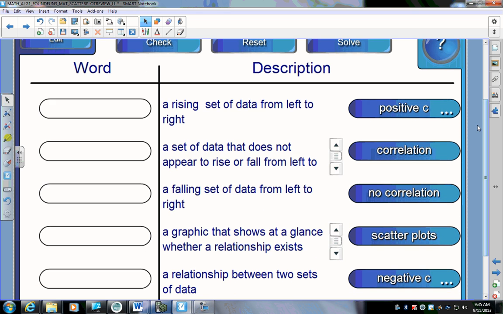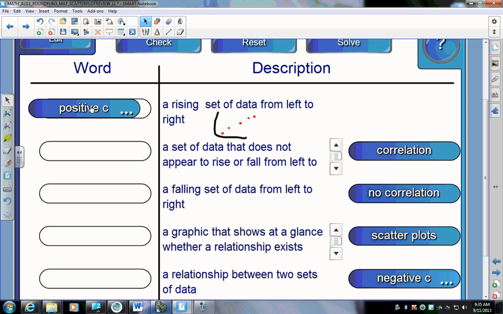Okay, from here, it says a rising set of data from left to right. What that's saying is that I have points from left to right rising that are going up. If it's going up from left to right, that is a positive correlation.